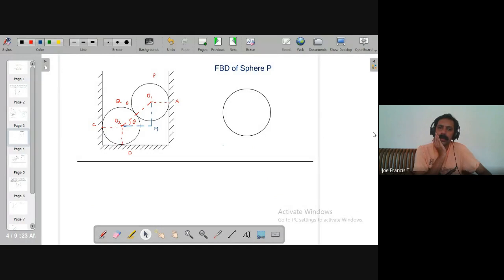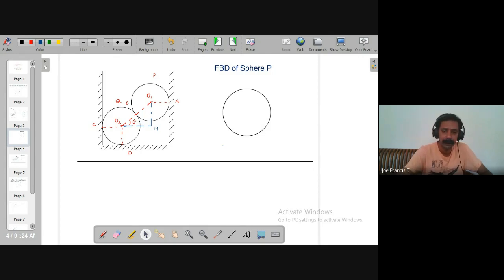Now I need to draw the free body diagram of sphere P. So I've drawn that sphere there. You should start from the sphere and draw it in the exact size. And now you identify the various forces which are acting on the sphere P.